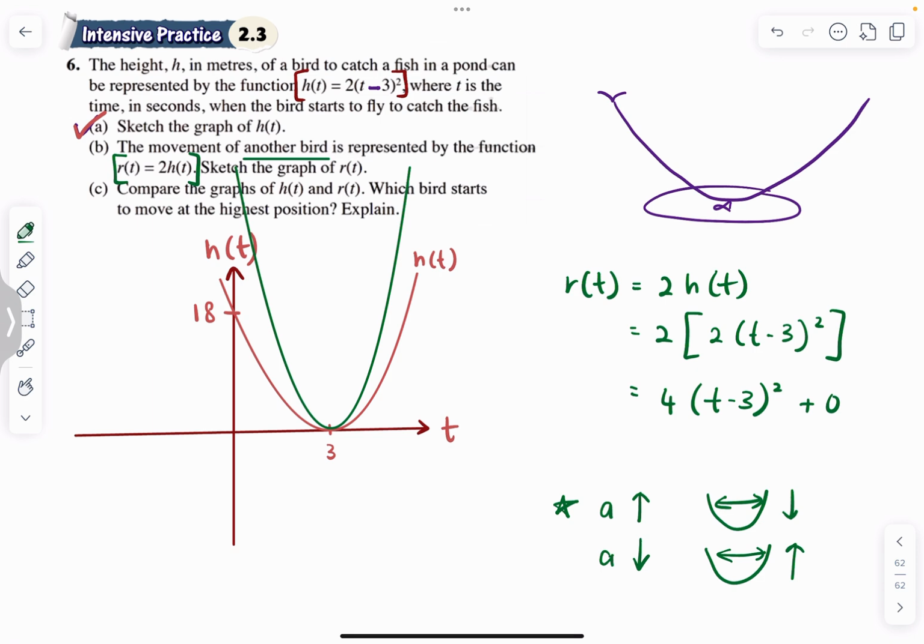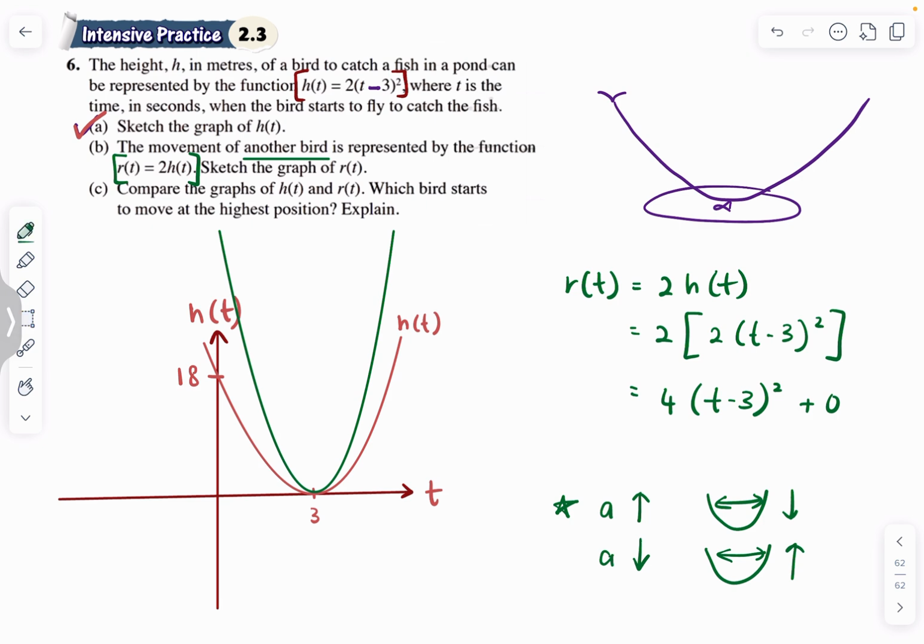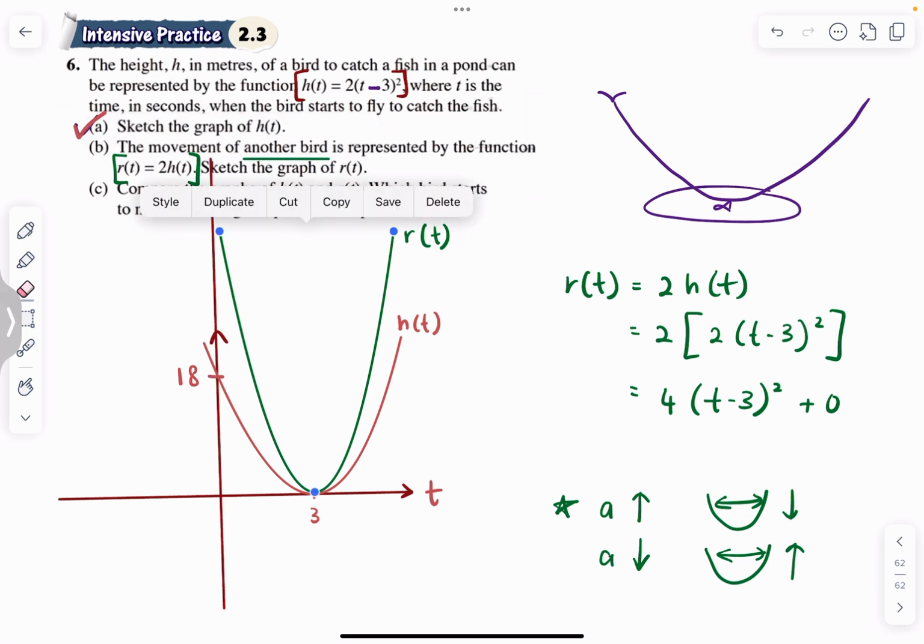Something like this. Right. So this will be our graph of r(t). So the y-intercept we need to find as well. So what I can do is we can extend this line. Bring it here. So our graph will intersect somewhere here.